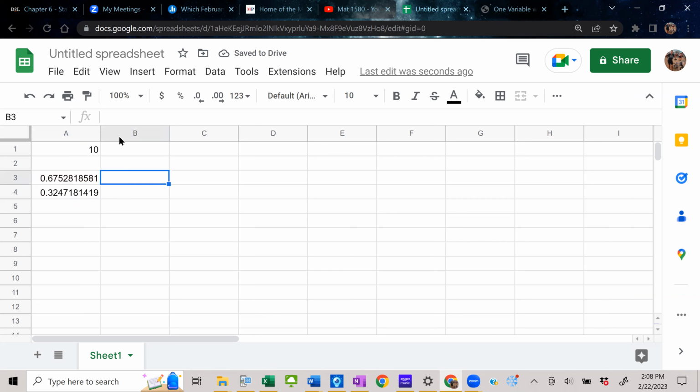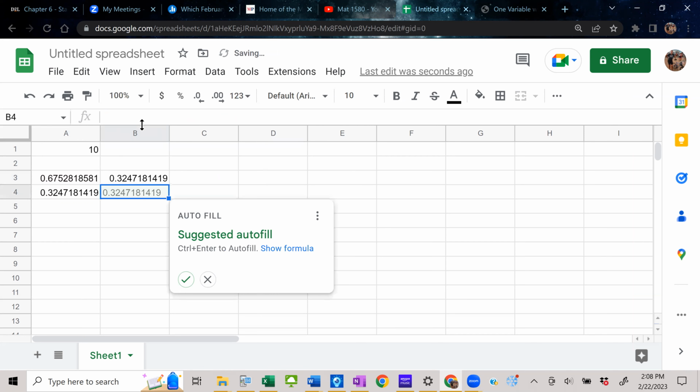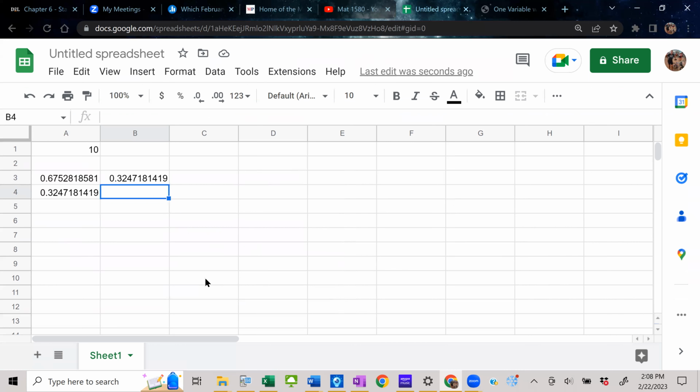You could do it all in one command. I'm not sure why it wasn't working there. Equals 1 minus there. Oh, I've got an extra equal sign here. That's why it didn't like it. So if I get rid of that, this command should work. There you go. So either way you want to do it, it's up to you. I don't really have a preference one way or the other.